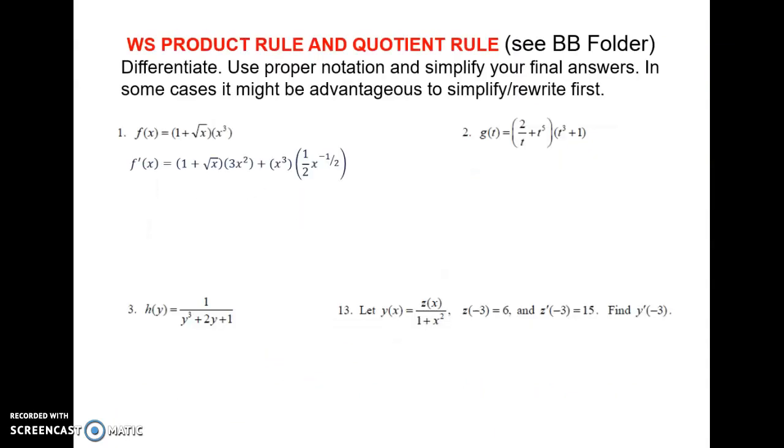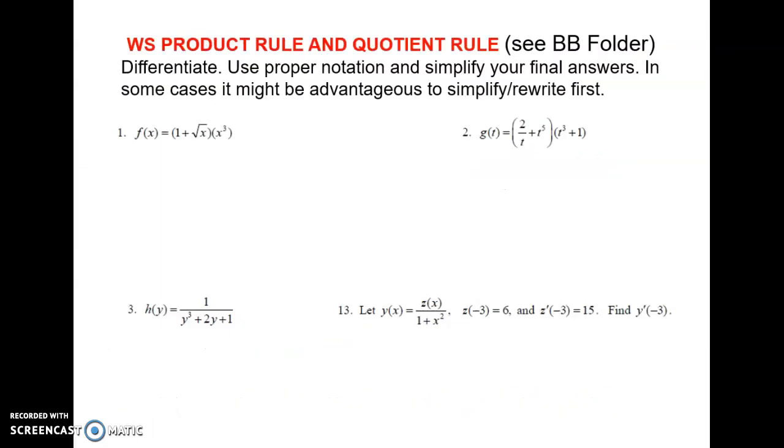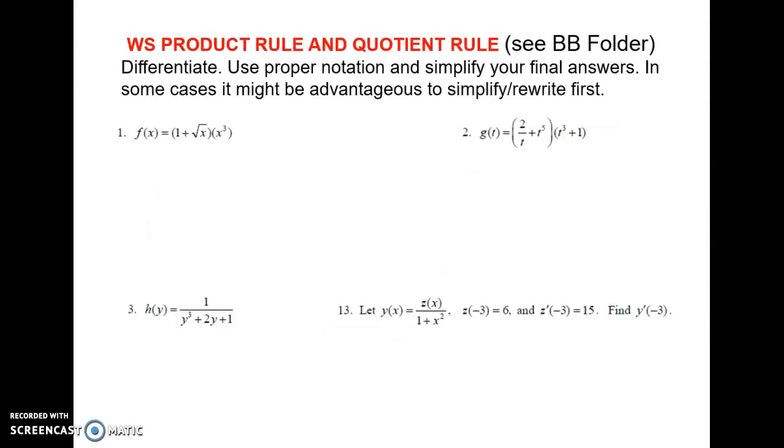All right, so this ends section 3.2, but I wanted to look at the worksheet that's in the worksheets folder in Blackboard, a worksheet called the product and quotient rule.